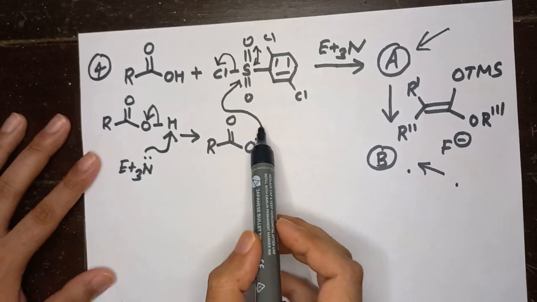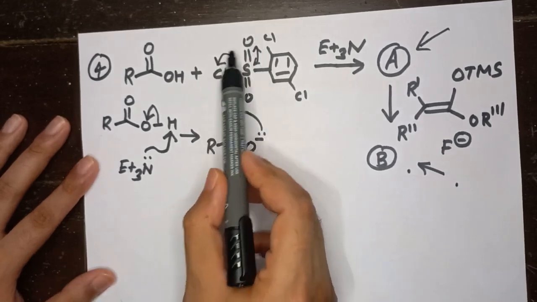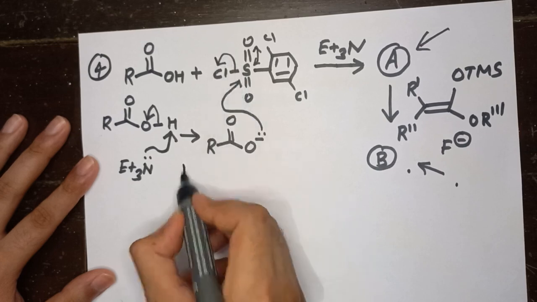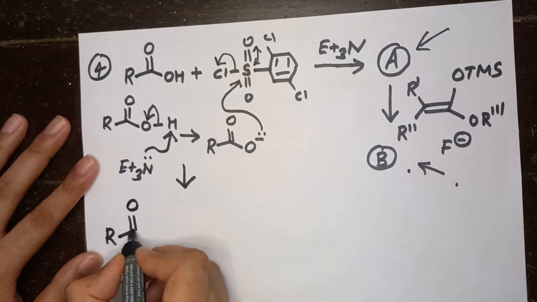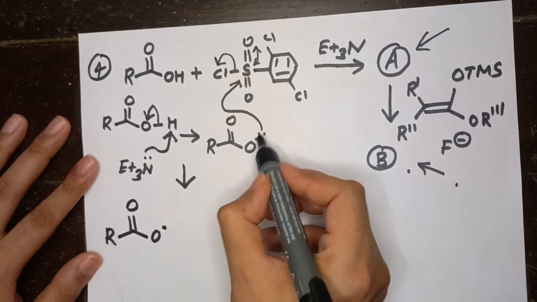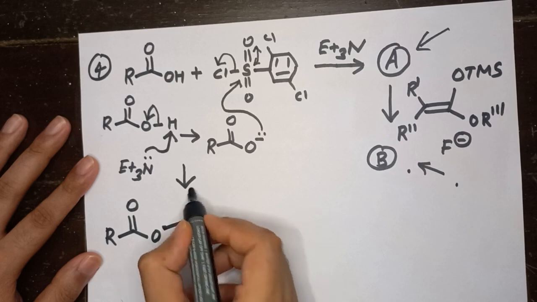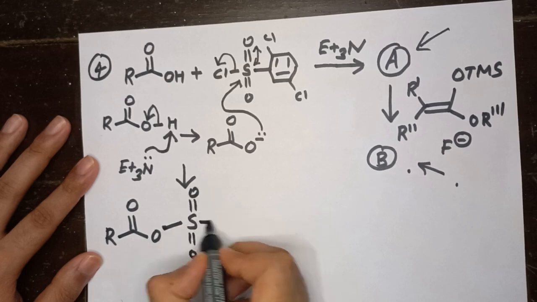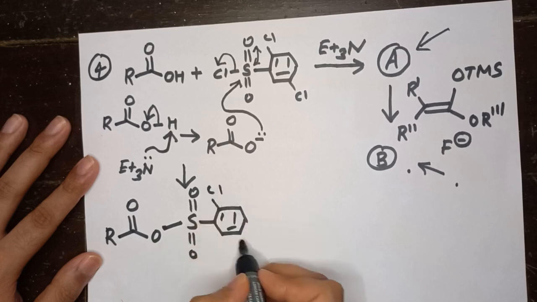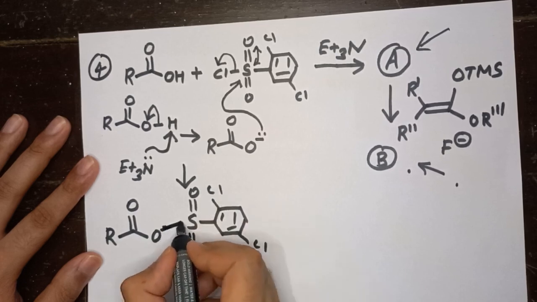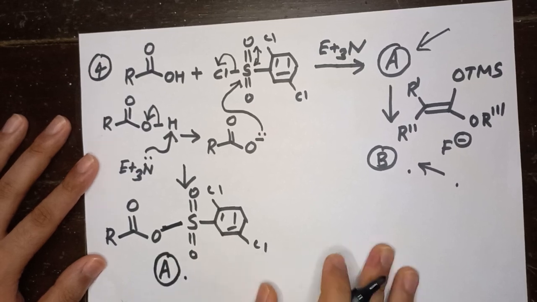So this O minus attacked this sulfur. Through conjugation with oxygen, this chlorine is going to leave, and you can generate. So now this oxygen is connected to sulfur. Okay, so this is the structure of A molecule.